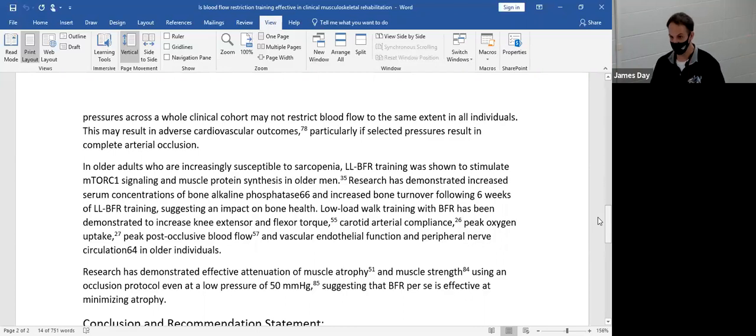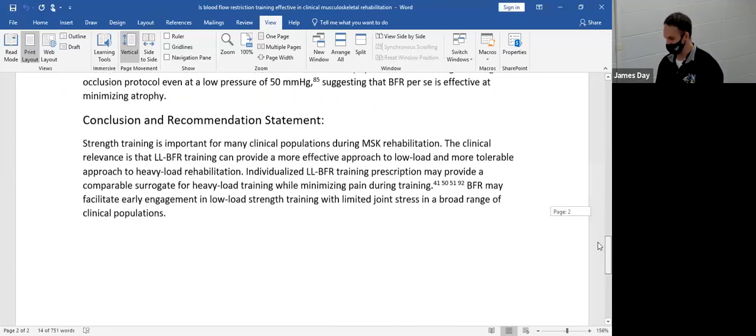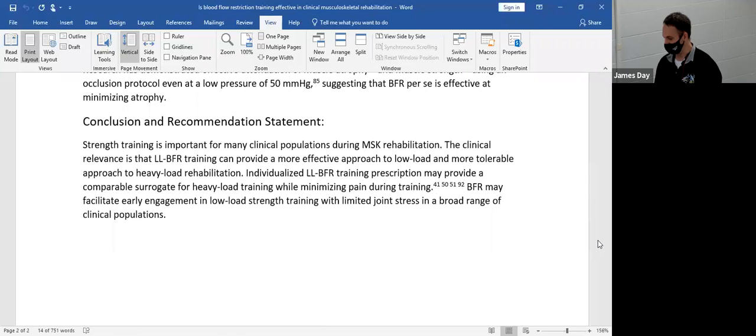You ever read those papers? They're no fun. So you're trying to shrink this down. As long as you start with some sort of opening bang and then end with something like a conclusion and recommendation statement, here is their strength training is important for many clinical populations during musculoskeletal rehabilitation.